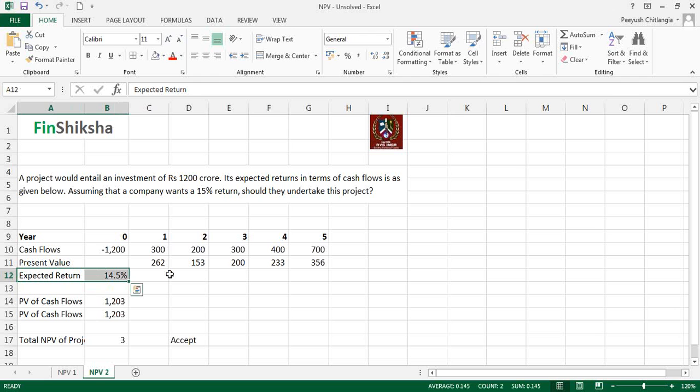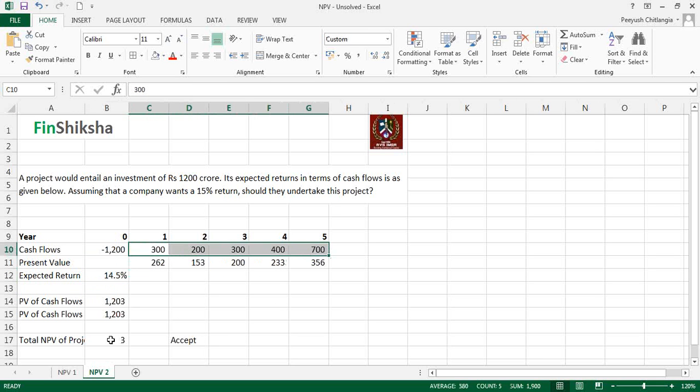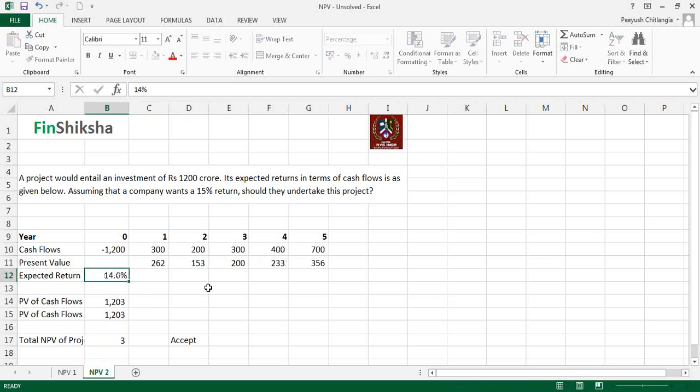My expected return from the project is just higher than my cost of raising this money. I can raise 1200 crore at 14.5% and then make this set of cash flows and still end up making 3 crore at the end of the year. If the expected rate of return goes down to 14%, that becomes even more positive.